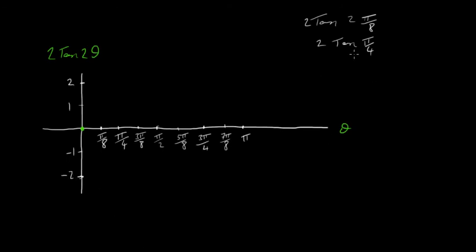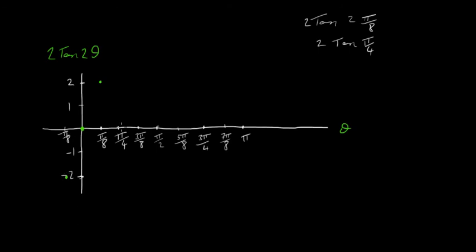And you'll see why here. The tan of pi over 4 is 1, so twice that is going to be 2. So here we're going to end up at, instead of 1 here, we're going to end up at 2 for pi over 8. And it's going to be the same here at minus pi over 8. You're going to end up at -2 down here.